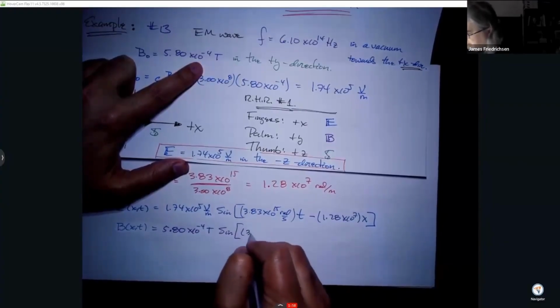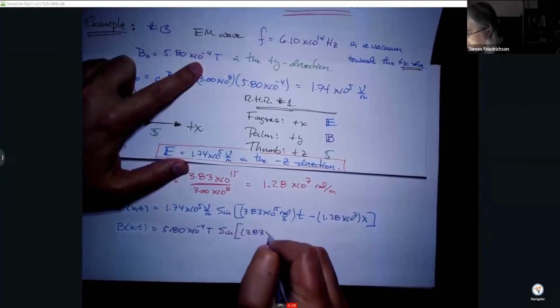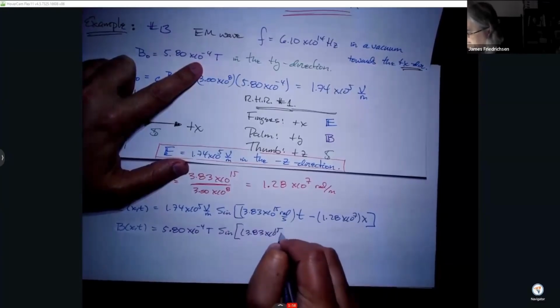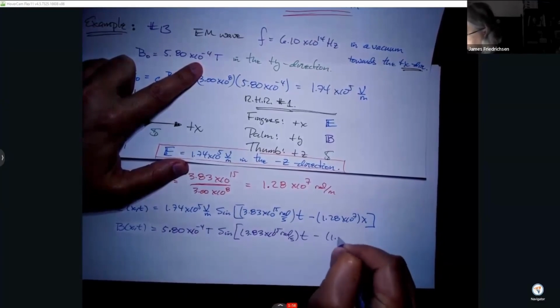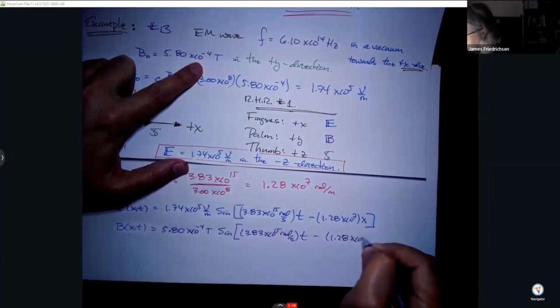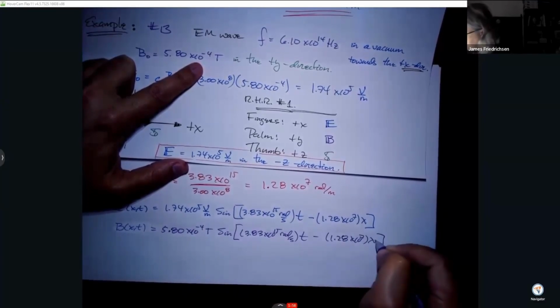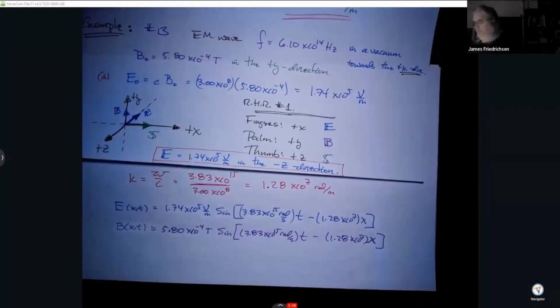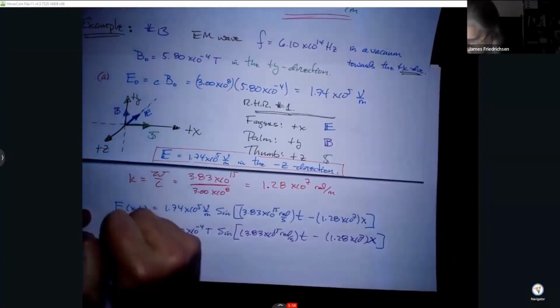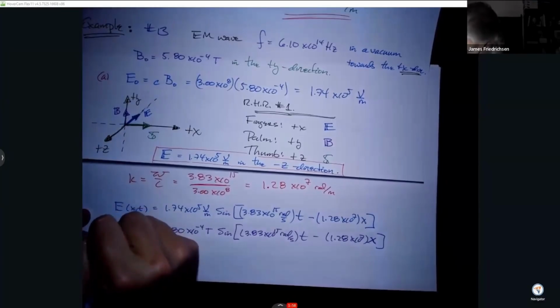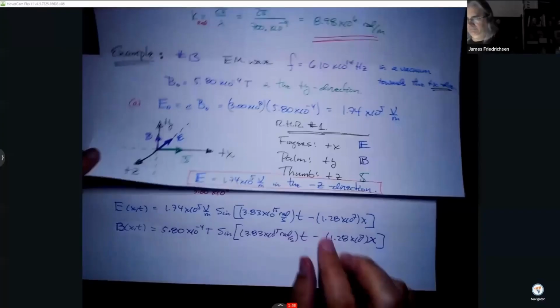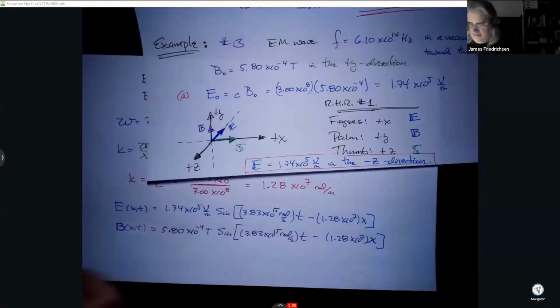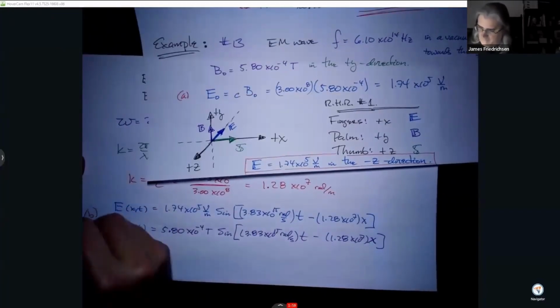So I'll write it, but I usually don't like writing it because it's identically the same. There we go. There's the B. Questions? And so then this ends our examples.